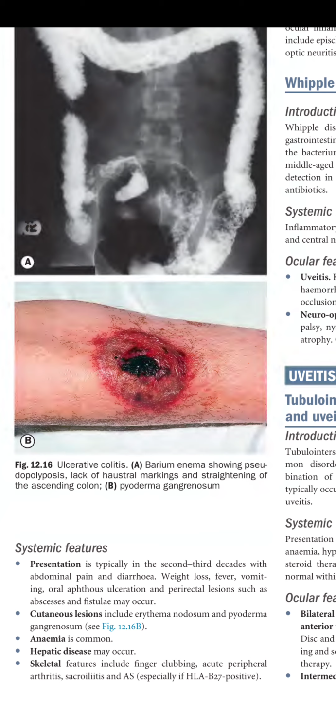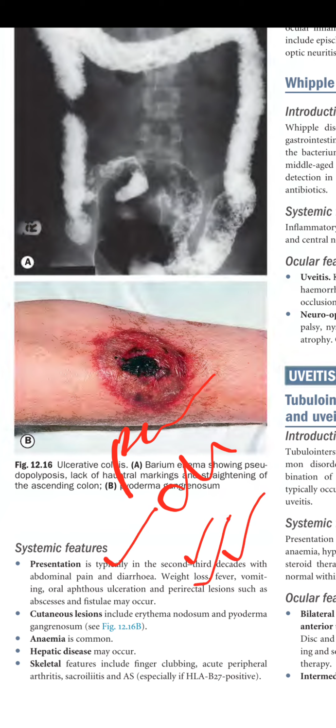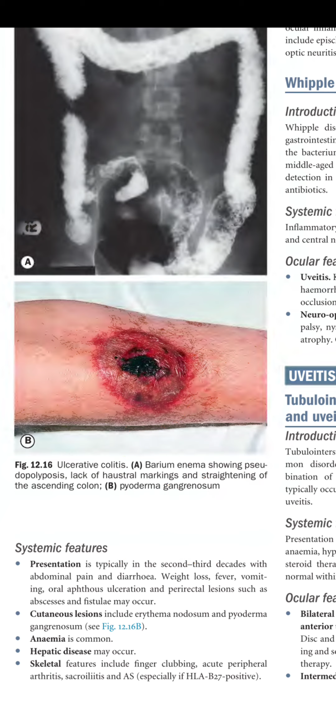Next are the systemic features in Crohn disease. Presentation is typically in the second and third decade with abdominal pain and diarrhea, weight loss, fever, vomiting, oral aphthous ulcer, and perirectal lesions such as abscesses and fistula may occur. So in this case also there are going to be pain, diarrhea, weight loss, fever, ulcer, perirectal lesion, abscesses, and fistula.